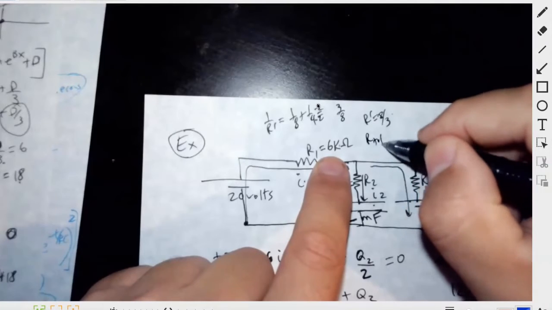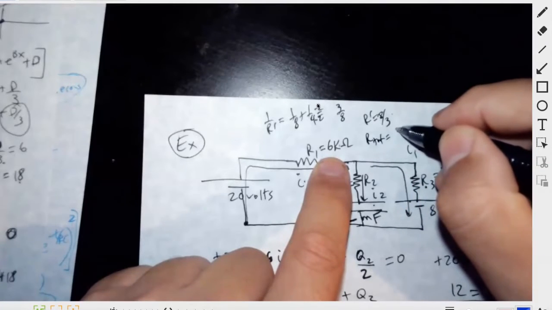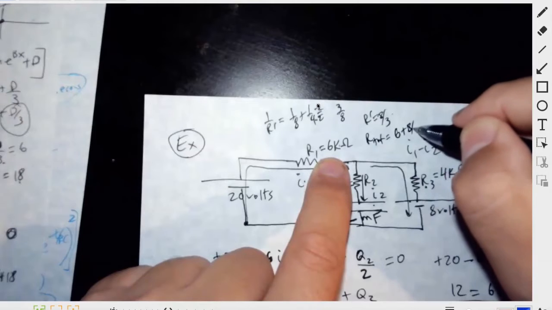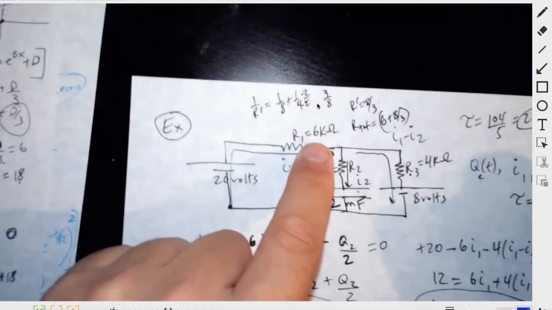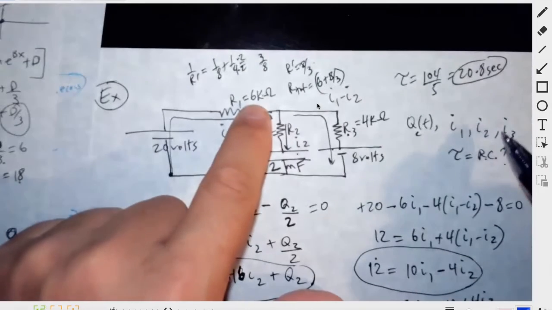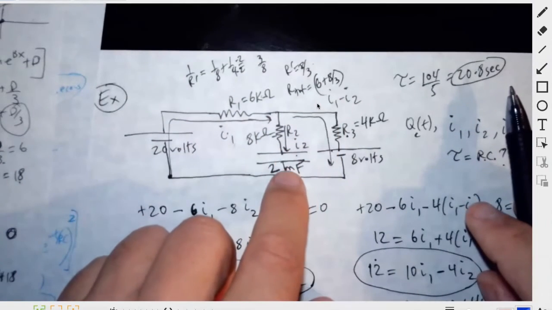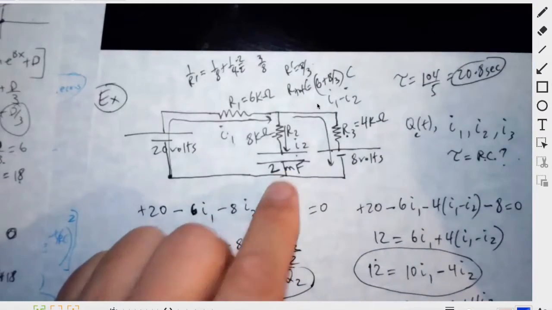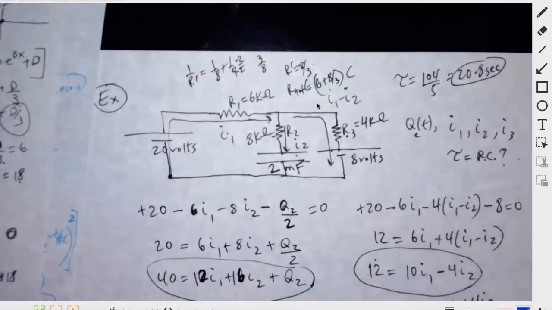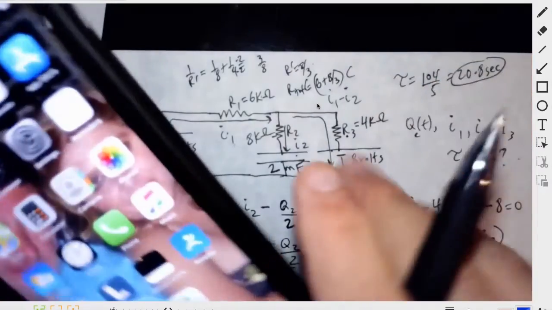Our total would have been 6 plus 8/3. So then would the RC have been the total resistance times that C? I don't think so, huh? This is 6 plus 8/3.